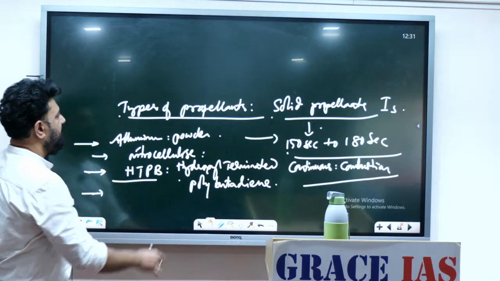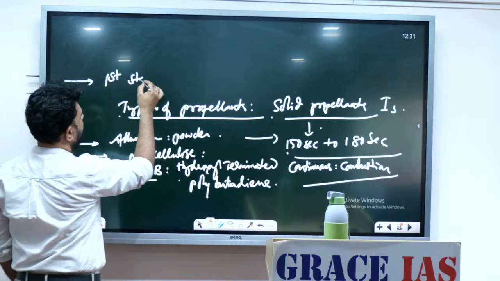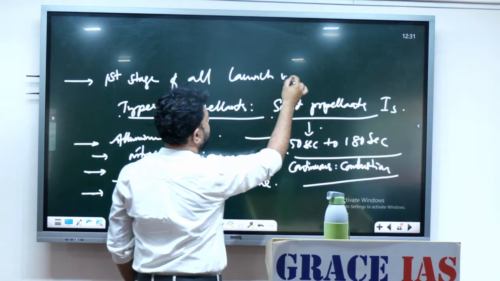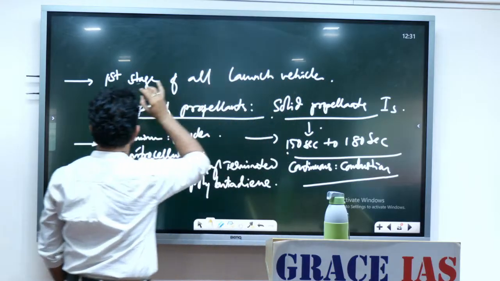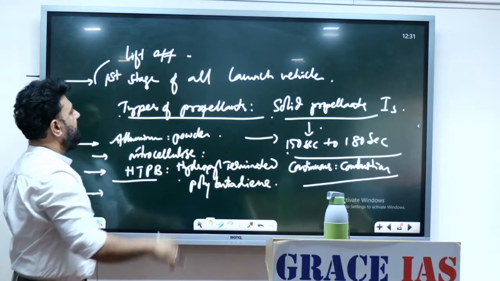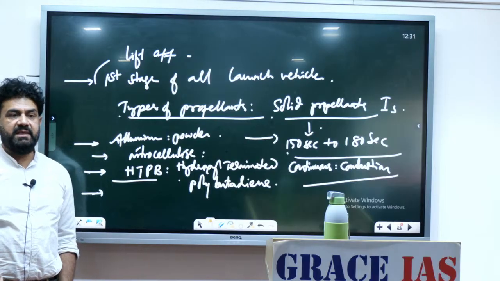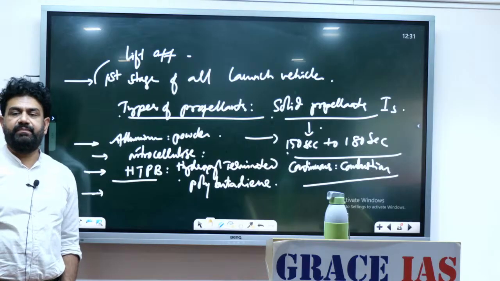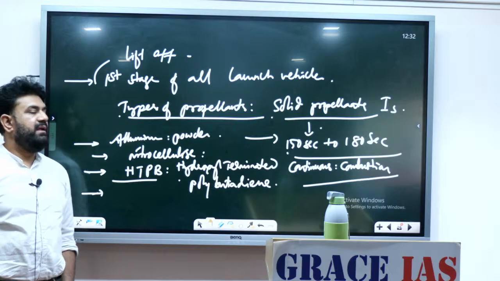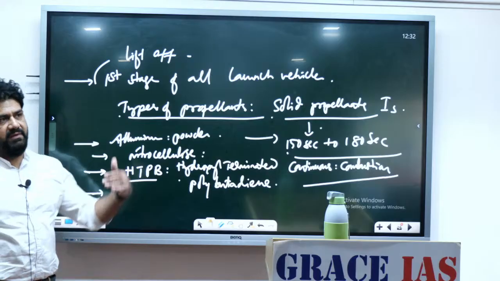So this solid propellant is used in the first stage of all launches. The first stage is called lift off. It has to overcome the gravitational pull, lift all the weight and achieve the escape velocity sooner, and burn continuously until the vehicle escapes the gravitational pull or the atmosphere and further.